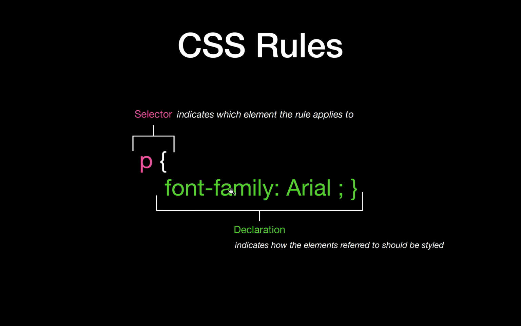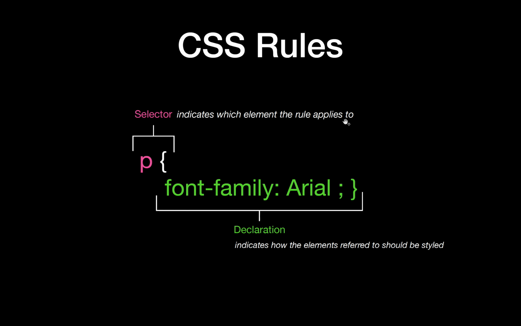Okay, font family, Arial. We don't want to get too honed in on what this particular thing is doing. I just want you to understand the function of a rule. So we have our selector, and then the second part of the rule is our declaration. Okay, this indicates how the elements referred to should be styled.